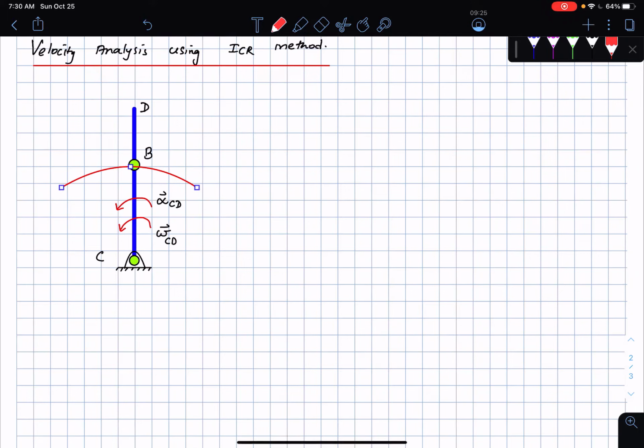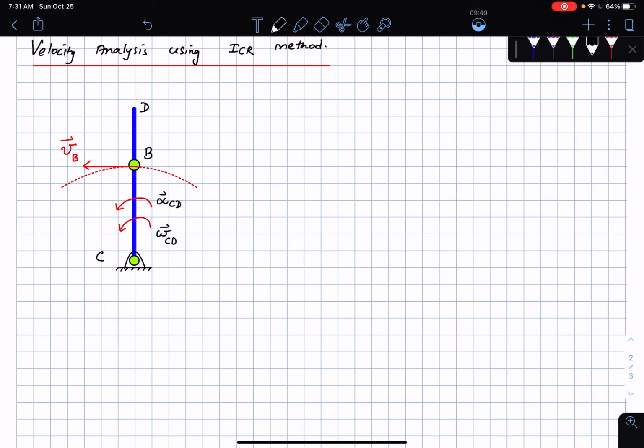Okay, and let me draw it in a shaded manner. Okay, so I'm going to shade this here. Based on the direction of the angular velocity omega CD, I know that the direction of the velocity of B is going to be pointing this way. Okay, so I know that this is going to be the direction of the velocity of B. I hope you agree with me.